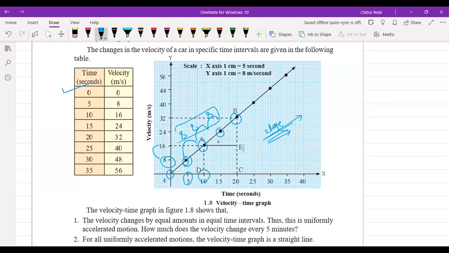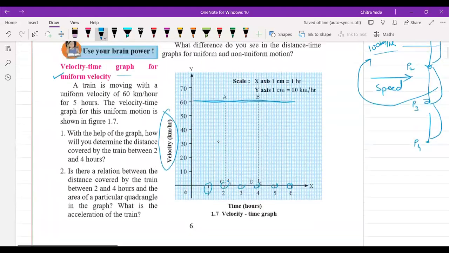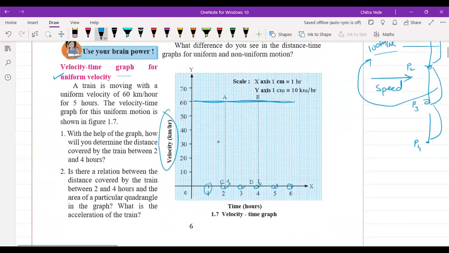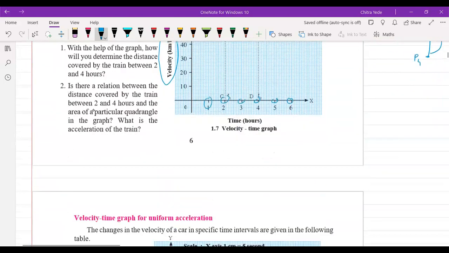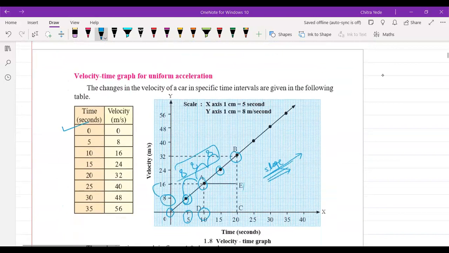You can take a screenshot for the same. Just take the first screenshot for that velocity time graph of uniform velocity. Just take a screenshot, beta. Done? Okay. Now, next.